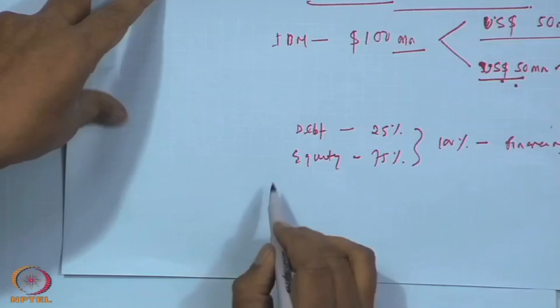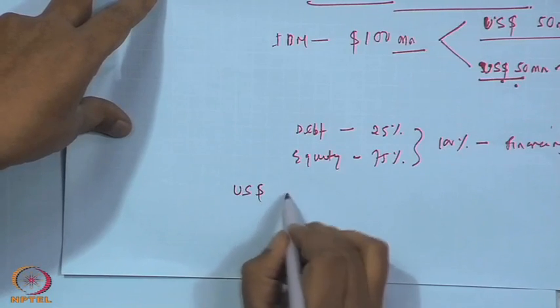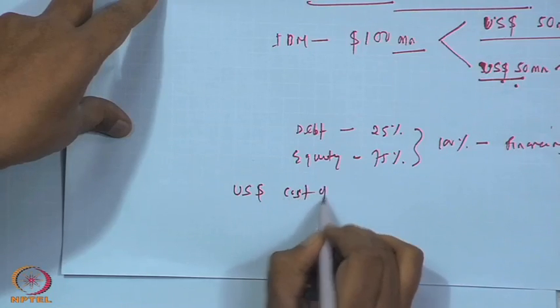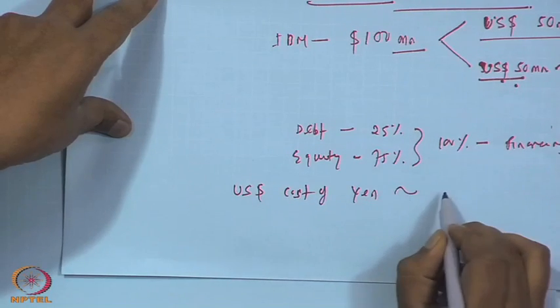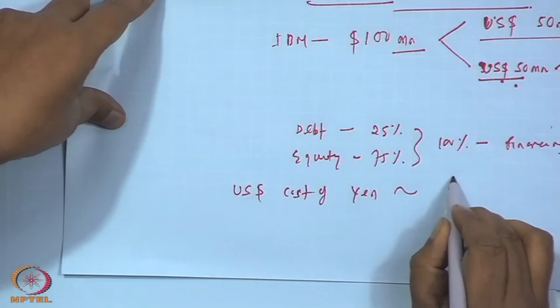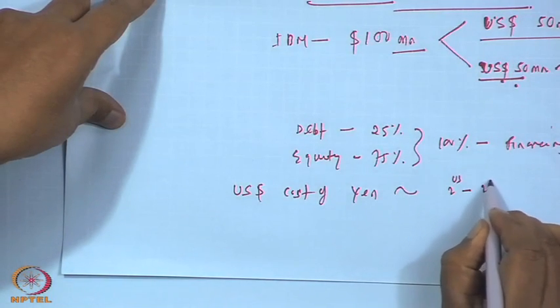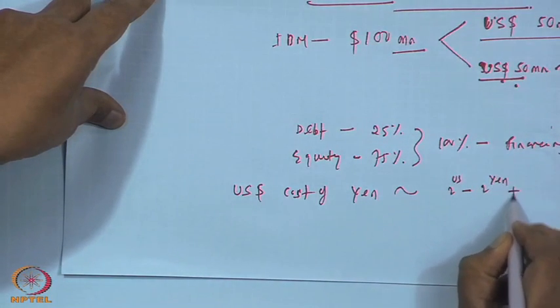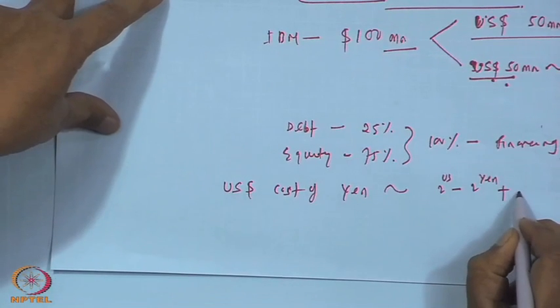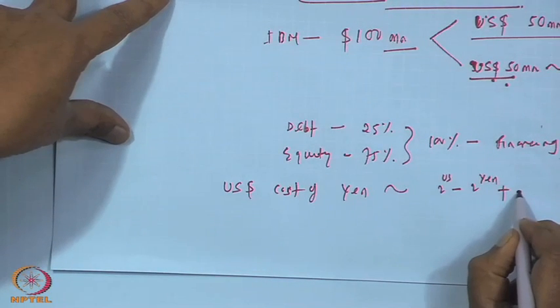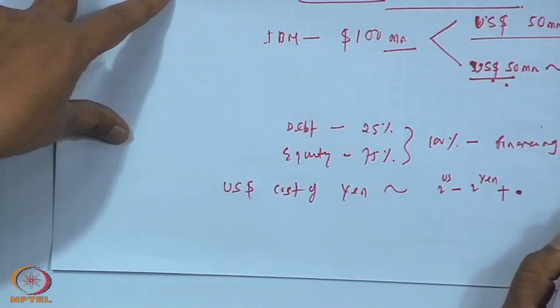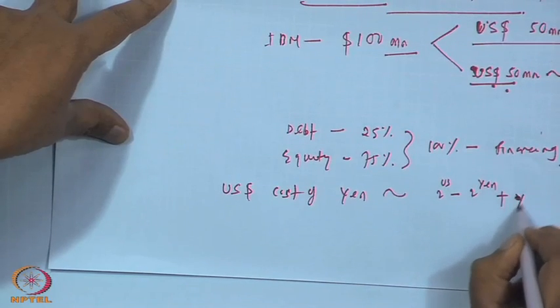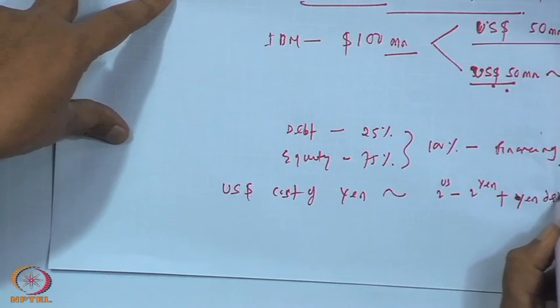So, for the debt part, you have to estimate the yen debt in US dollar. The US dollar cost of yen debt will be the interest rate parity in US minus the interest rate in yen, plus the yen debt cost.